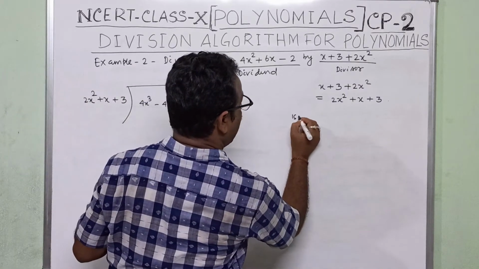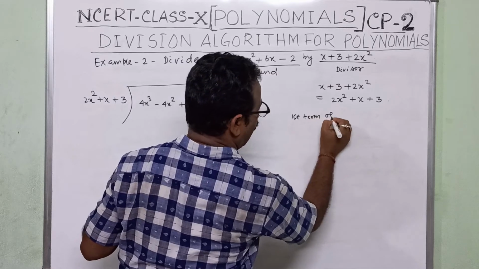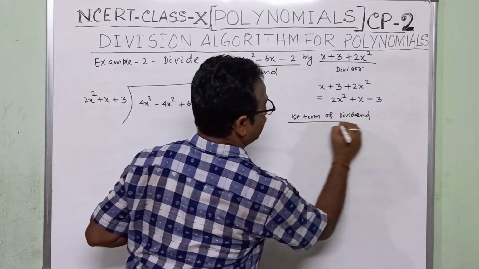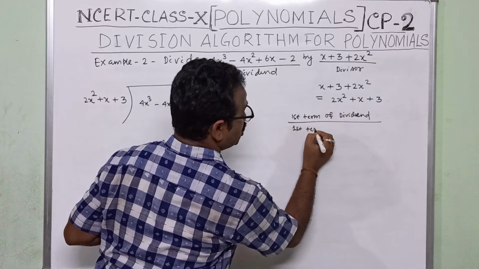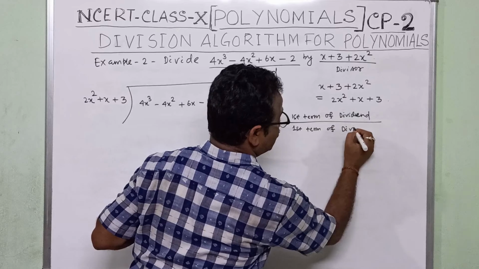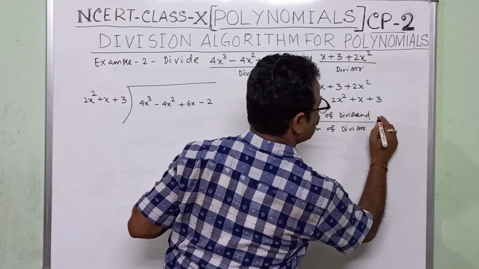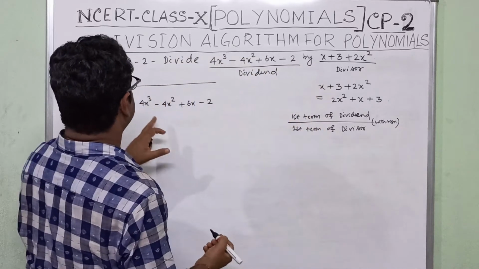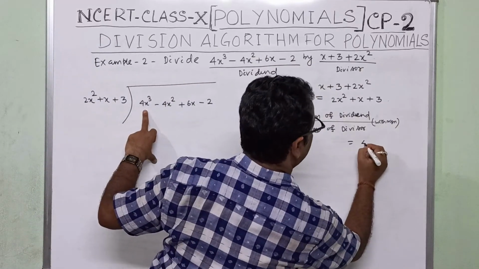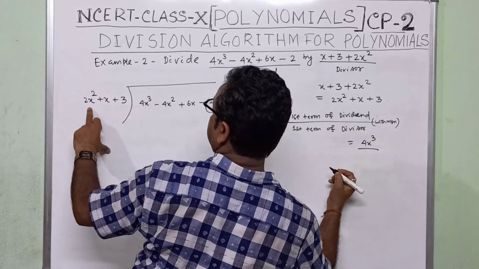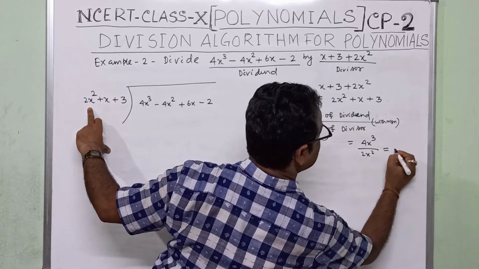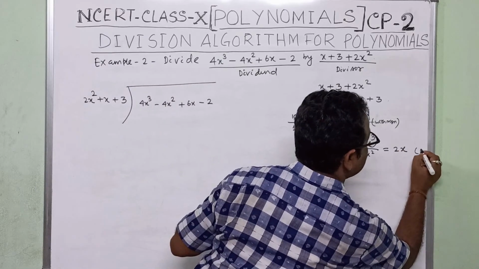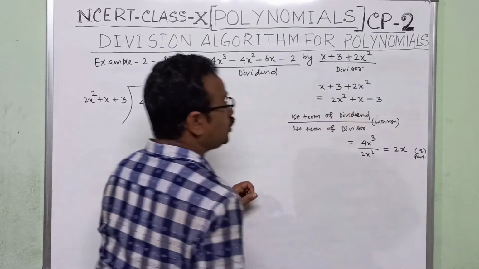So here, first term of dividend by first term of divisor, both with sign. That is 4x cube by 2x square, equal to 2x. First we put this in the Q part.